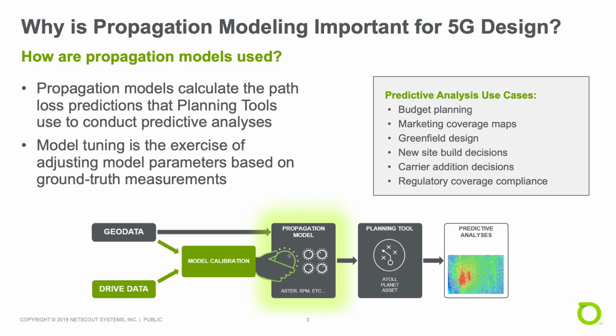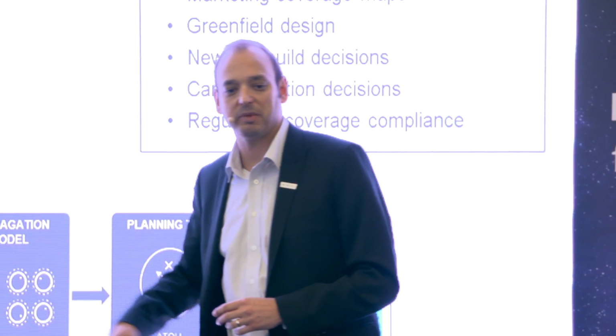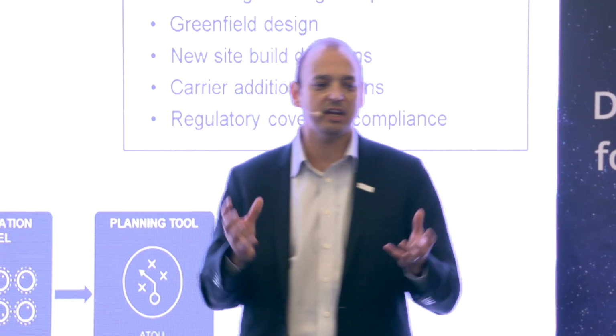What we do at Netscout is we go out and collect drive test data, so ground truth data. These are measurements. We utilize the geodata combined with these measurements, and we change these model parameters. I put some knobs and dials in here as an analogy.